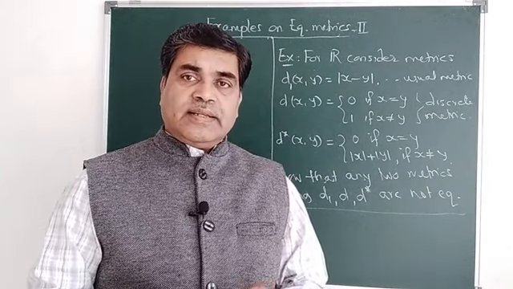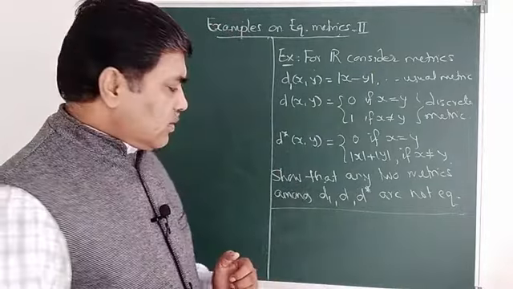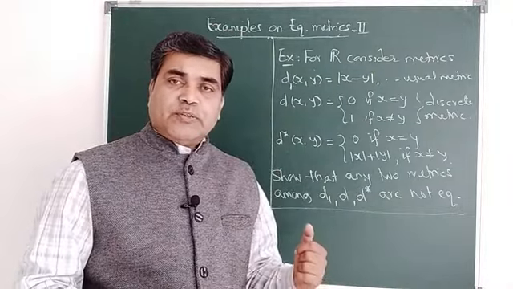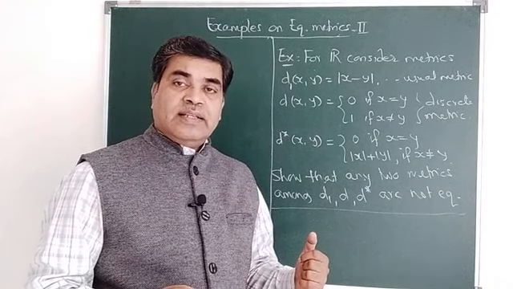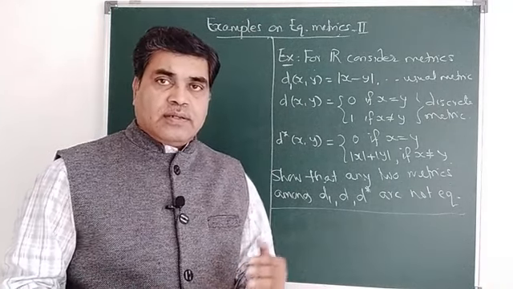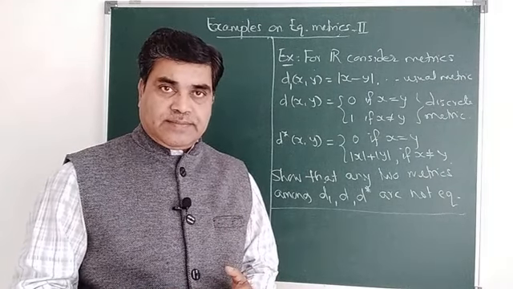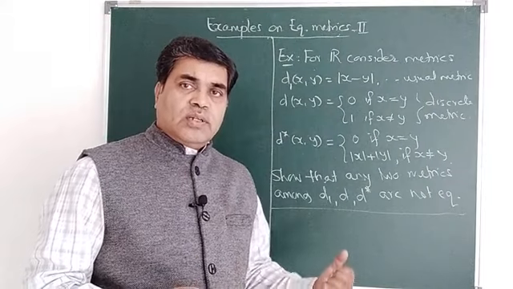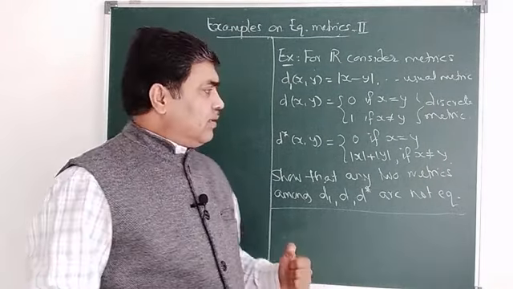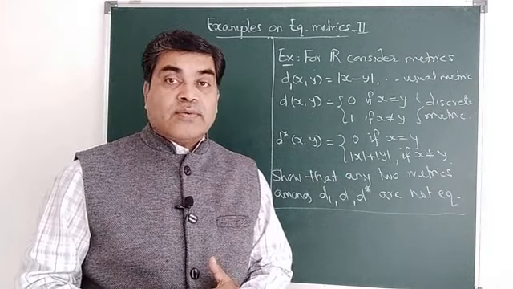Or equivalently, if I take any open sphere of X with respect to d1, then it must contain some open sphere with respect to d2, and conversely. We'll use this to show that these matrices are not equivalent.